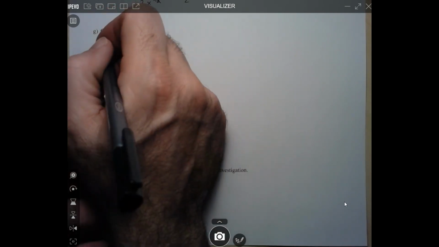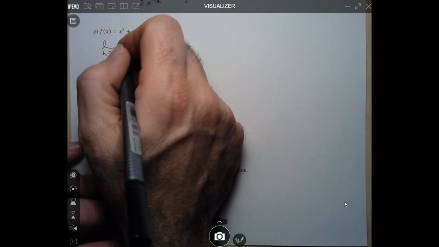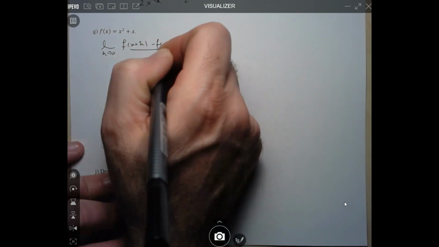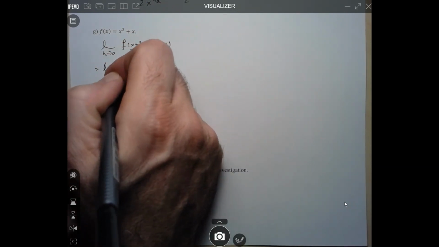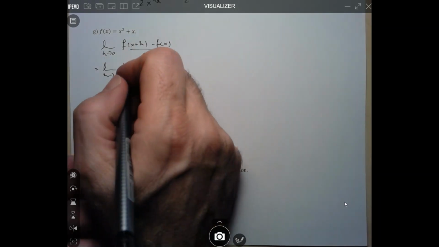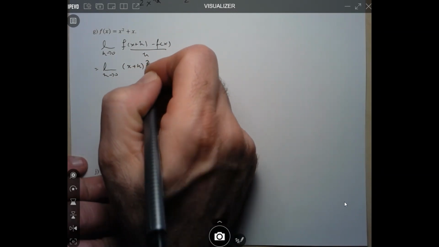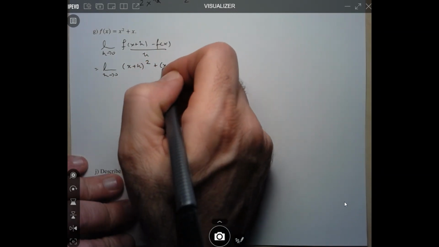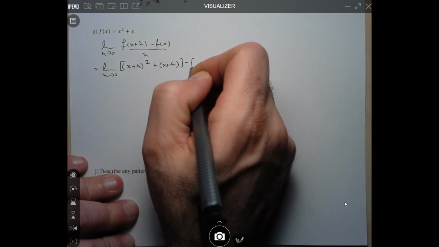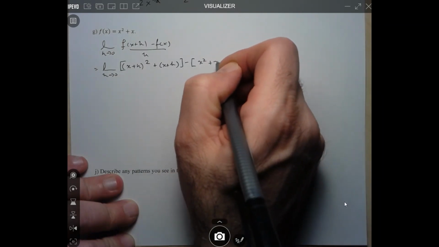All right, so let's take the limit as h approaches 0 of f at x plus h minus f at x all over h. So wherever I see an x, input an x plus h, so x plus h squared plus x plus h. And then all of that minus the function evaluated at x, so x squared plus x.